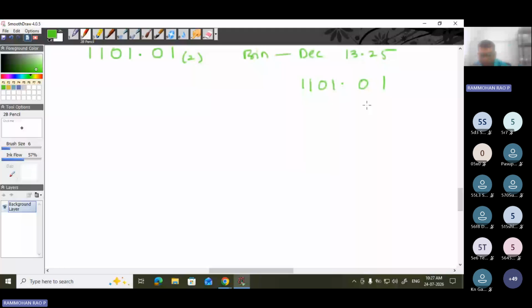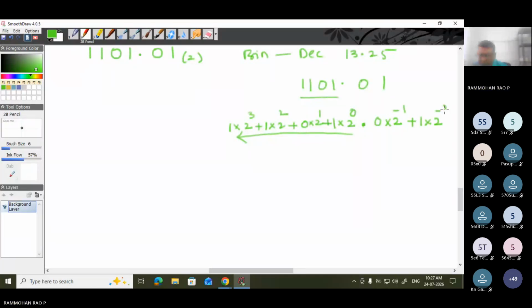First bit: 1 into 2 power 0 plus 0 into 2 power 1 plus 1 into 2 power 2 plus 1 into 2 power 3. Moving from left to right, the exponent will increase. But friends, in the fraction part, the exponent will decrease: 0 into 2 power minus 1 plus 1 into 2 power minus 2. In this direction, the exponent will decrease.